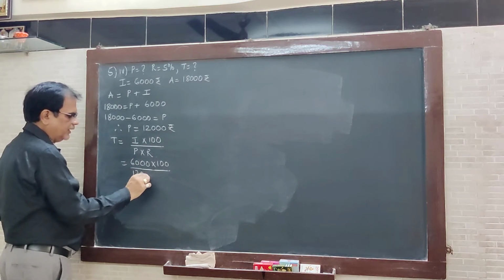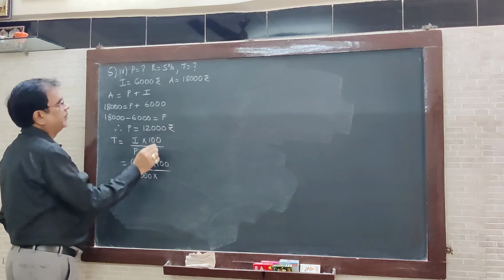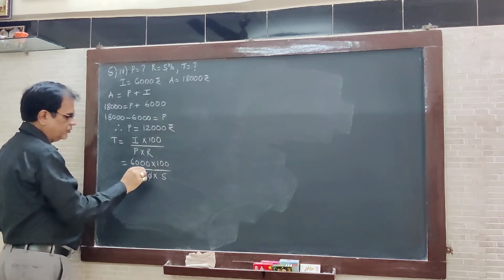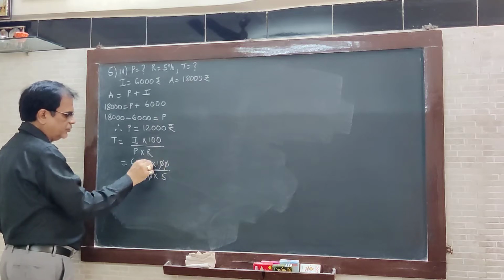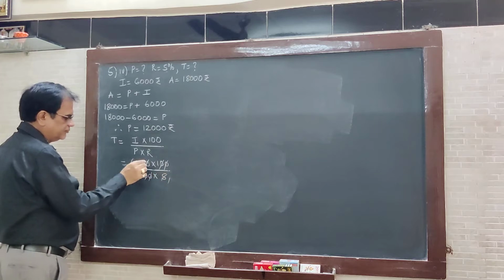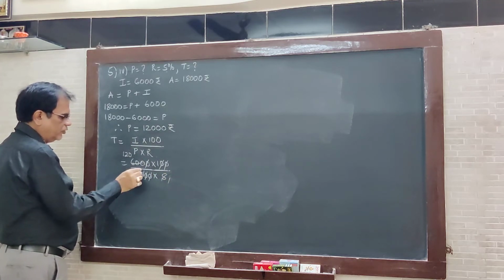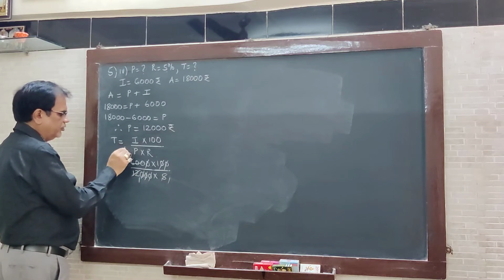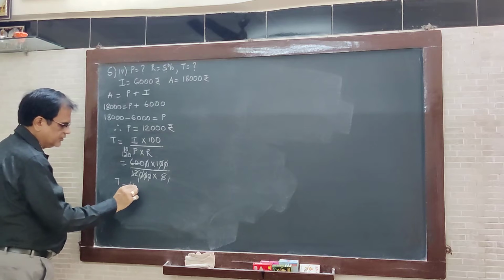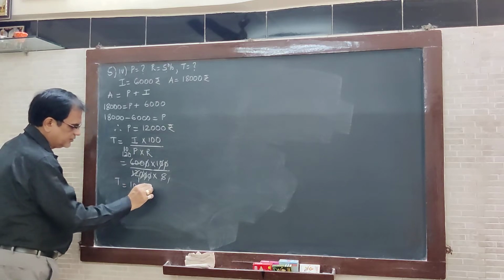Principal 12,000 multiplied by rate of interest is 5. So 1, 2, 3 zeros gone. Okay. 5 ones are 5, 5 twos are 10, and 1 zero. 12 ones are 12, 12 tens are 120. So number of years is equal to how many years?